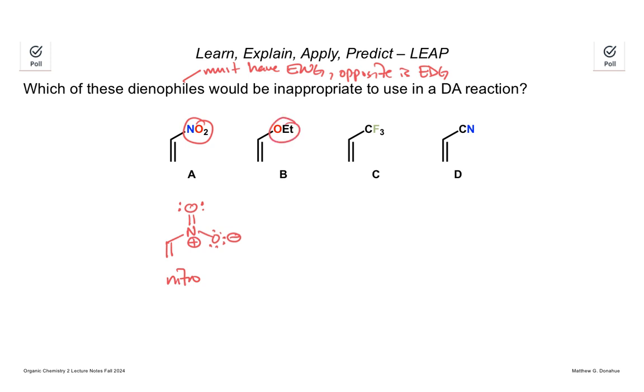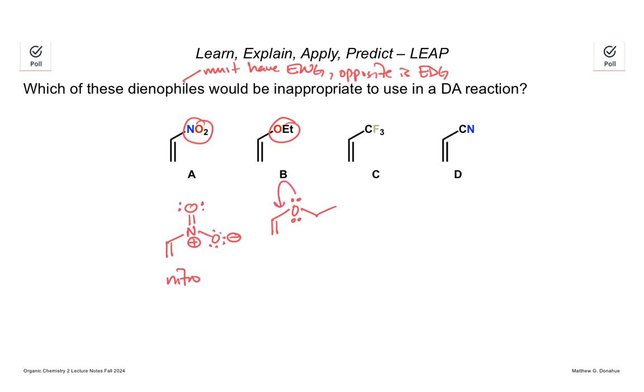In B, we have O-ethyl. So you have an oxygen with its 2 lone pairs of electrons. Those electrons can now donate into the ring. So that's an electron donating group.